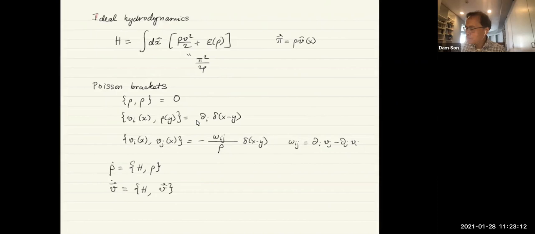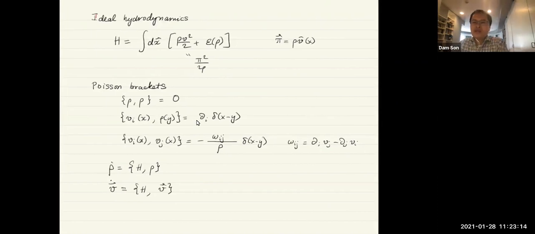And you can check by direct calculation that the first equation is nothing but the continuity equation. The second equation is conservation of momentum, also called the Euler equation. This is continuity. This is the so-called Euler equations.